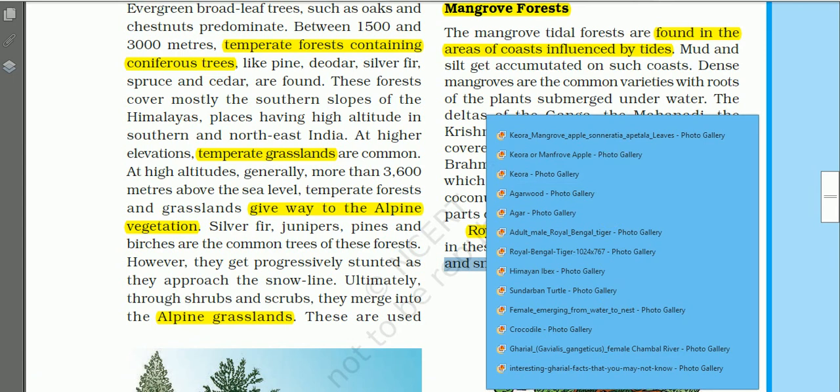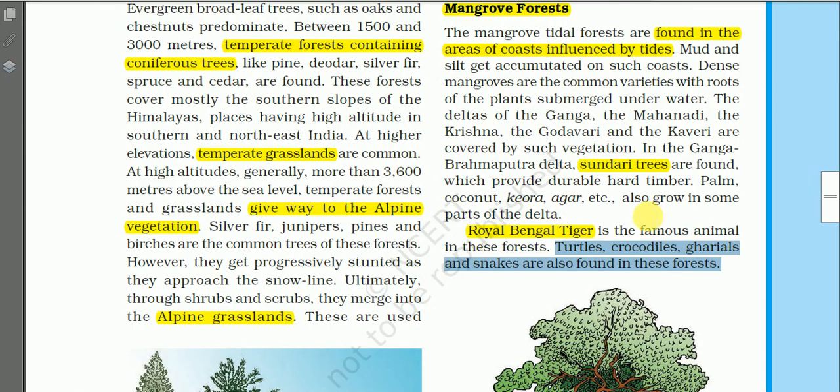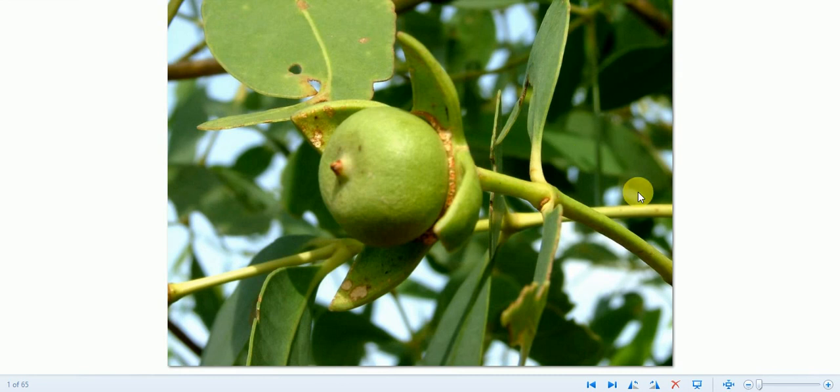And here we have kiora. These are the leaves of kiora tree. It is also known as mangrove apple, grown in the Sundarban Delta. So this is the fruit, kiora fruit, also known as mangrove apple.